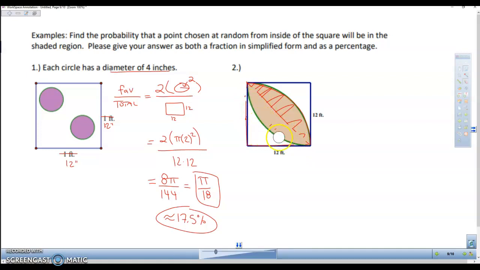And when I subtract that triangle, what I'm left with is half the petal. So for my favorable region, to find the half petal, I would do the entire sector minus the triangle. But that would only give me half the petal, so I would need to double it to get the entire petal. So this is my plan.